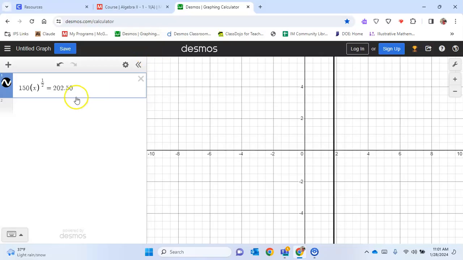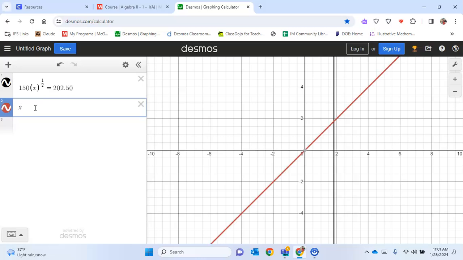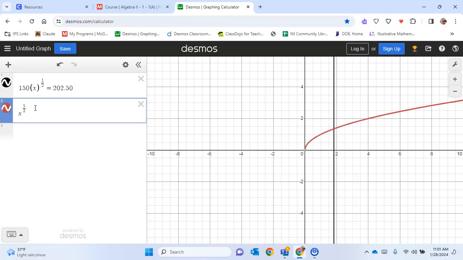All right. To solve this, we would divide both sides by 150. We get x to the 1/2 power equals 202.5 divided by 150.